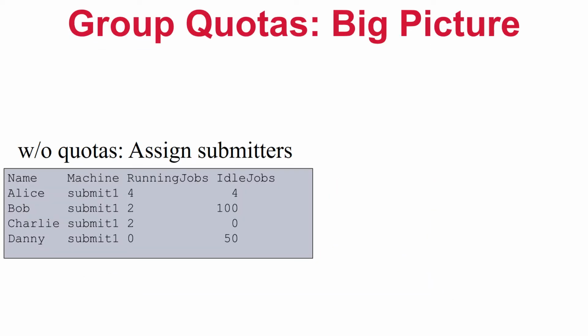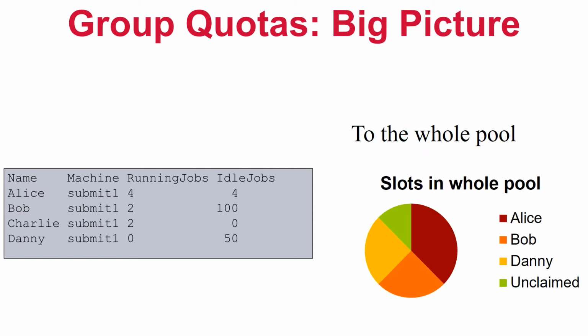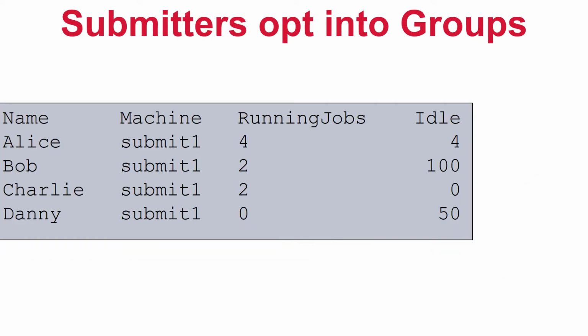So, the big picture about Condor quotas. Remember that before accounting groups or quotas, the HTCondor negotiator tries to assign machine resources from the whole pool to each submitter in some way that is fair, based on historical usage. Maybe an allocation might look like this. But with accounting groups with group quotas, what happens is each user opts into joining a group.